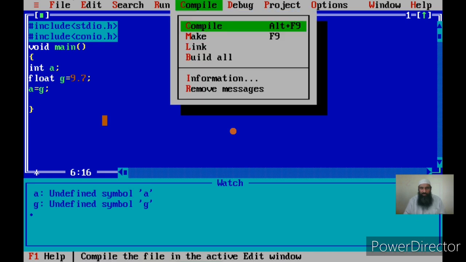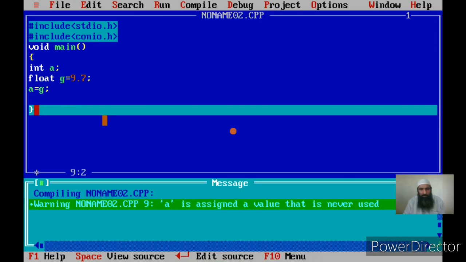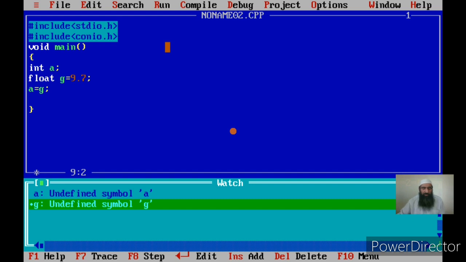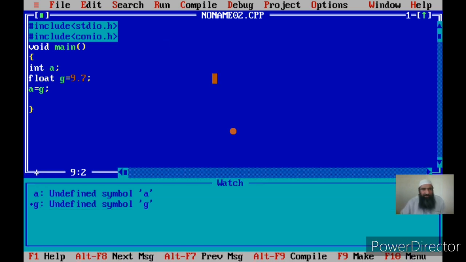See, compile, there is a warning, but the warning is not relevant. A is assigned a value that's never used. So the compiler does not give a warning, and does not give an error, if you assign one variable to another variable of incompatible type.